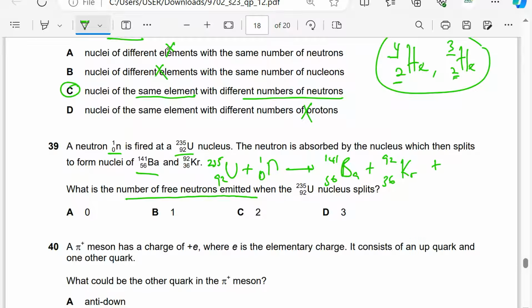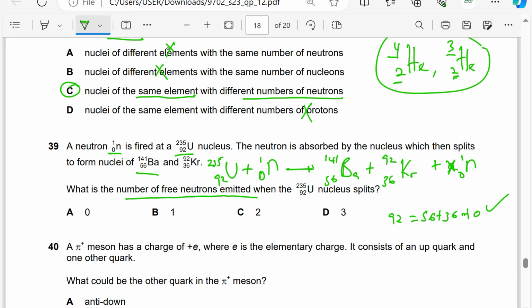So it means plus a given number of neutrons, 1-0. Let me put here X. We want to find X. So by conservation of proton number, 92 is equal to 56 plus 36 plus X times 0, that is 0. So proton number is balancing. I can't rely on proton number.